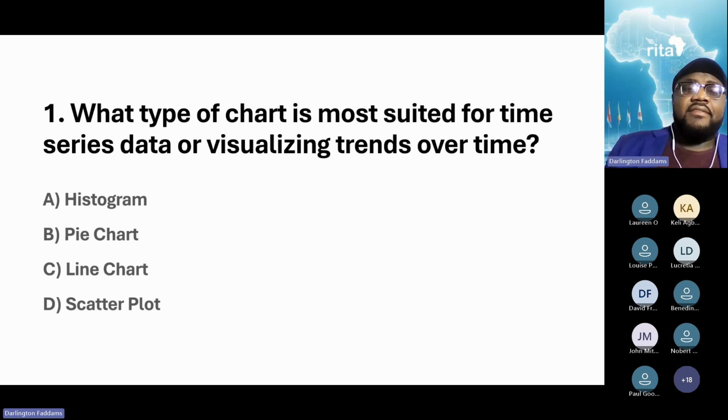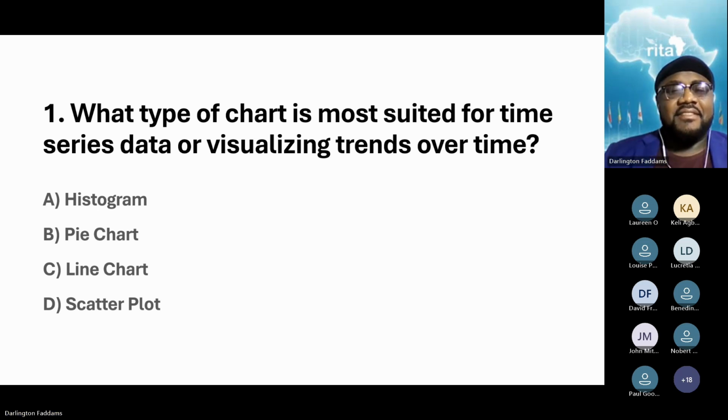All right, so my first question, which is probably the only question I'm going to ask, is what type of chart is most suited for time series data or visualizing trends over time? Visualizing trends over time. So let me see your answer in the chat, and almost all of you got it right. Okay, that is the whole point of this lesson.